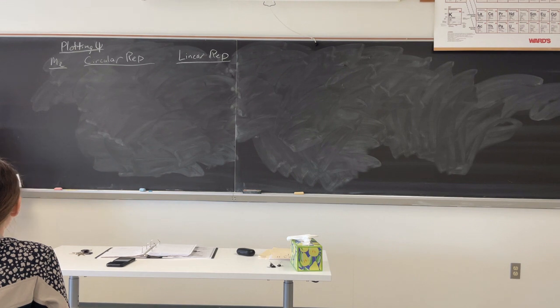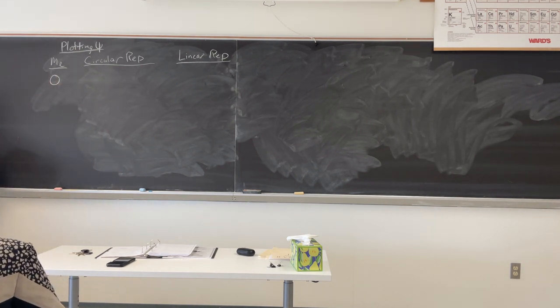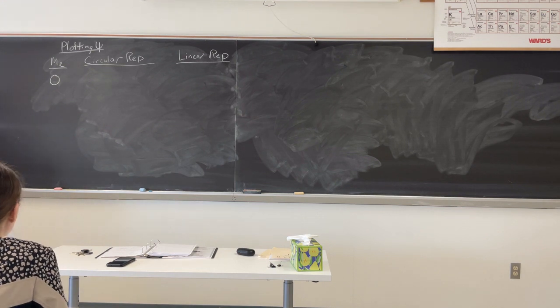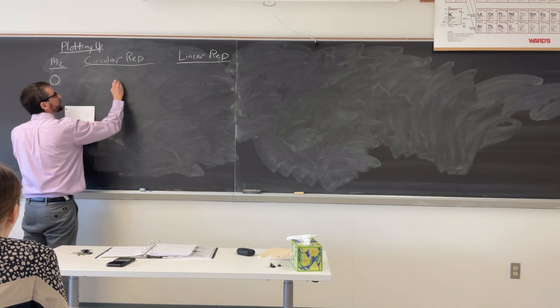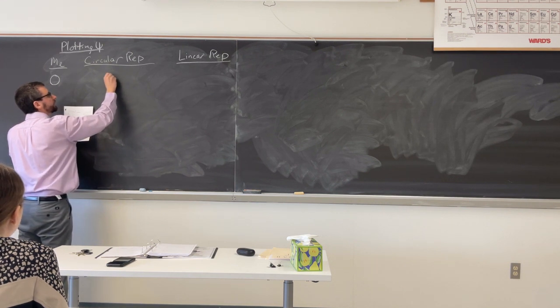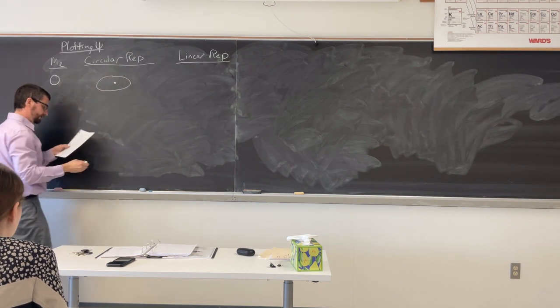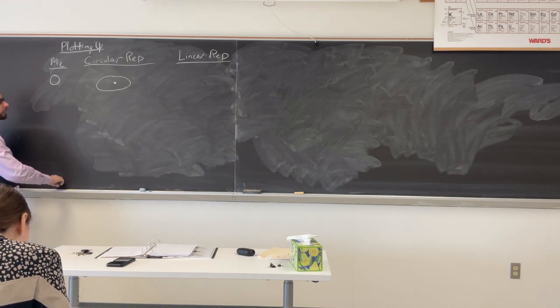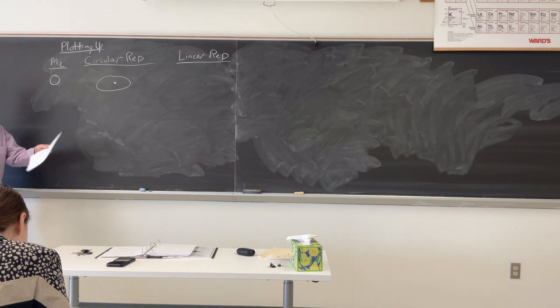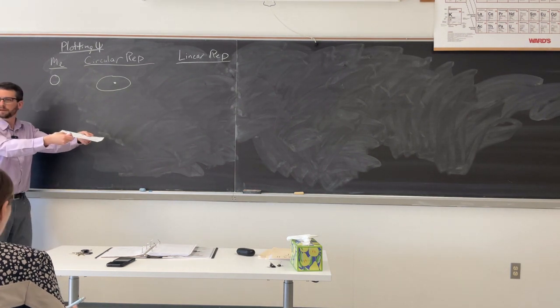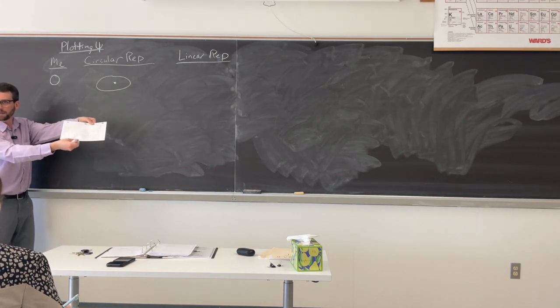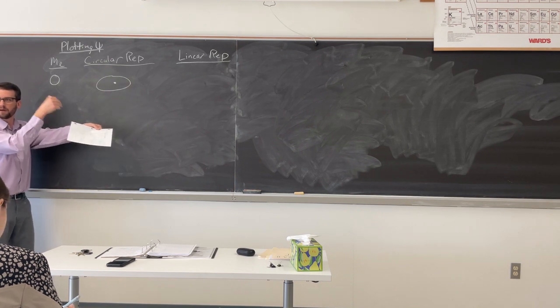All right, let's look at an m sub L of 0. This one is the most boring one by far. What we're going to do is draw our circular representation. If this is the circle, I'm trying to bend it at an angle like that so you can get an idea of depth.